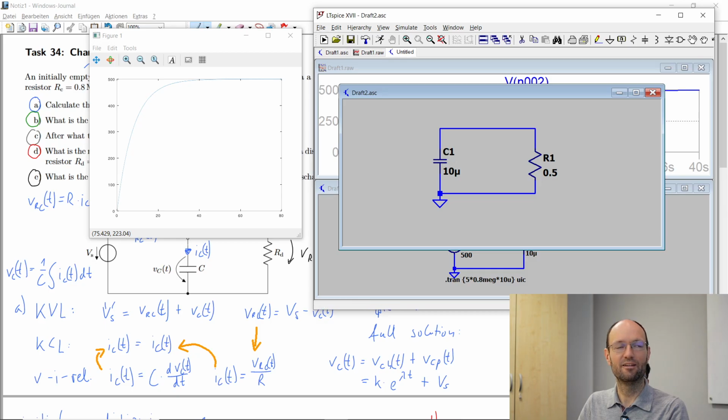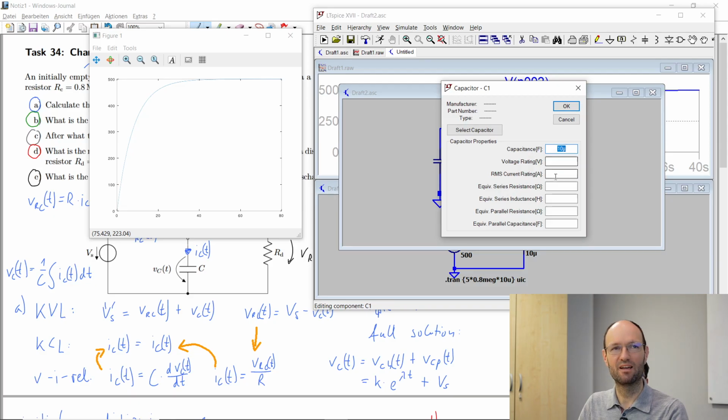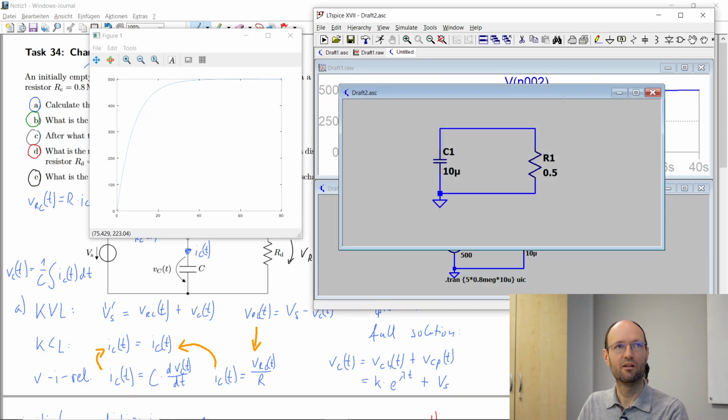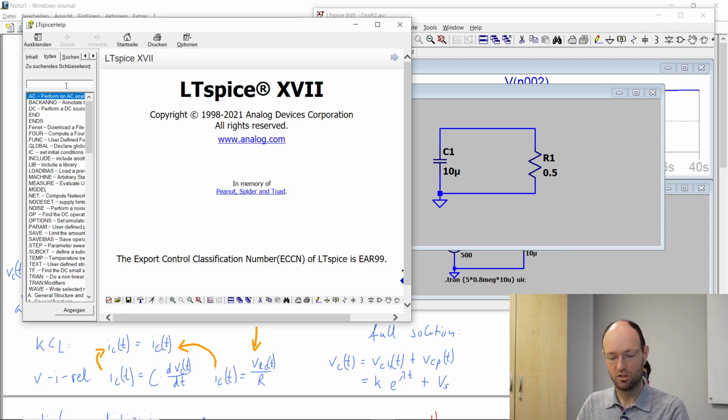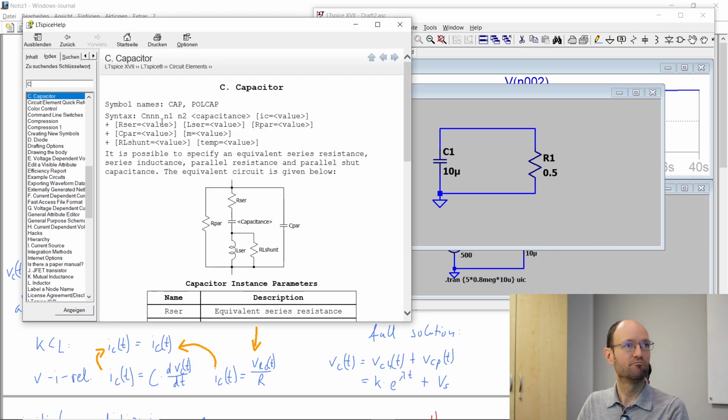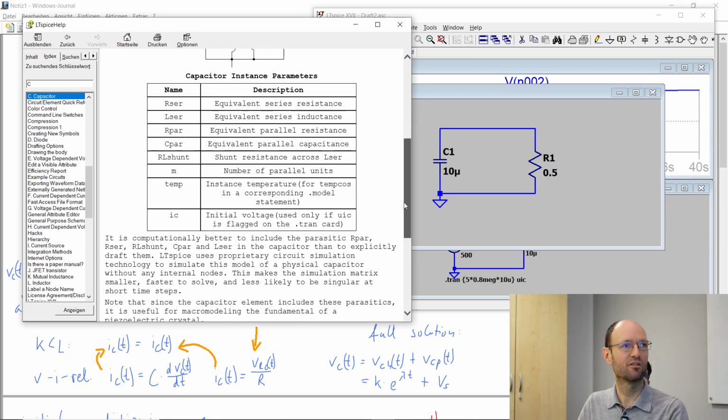And now we need to set the initial condition here, that it is initially charged to these 500 volts. And you can check, there is no real option here. If you check the help, there is something here that says IC, and I don't know if it's explained here.